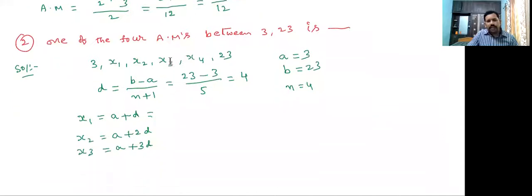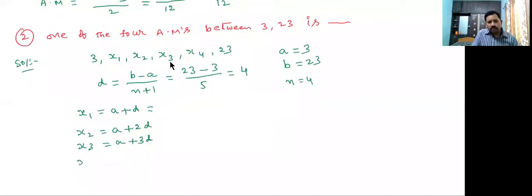And we need to find x4 also, that is a plus 4d. Now substitute those values here. A is 3, d is 4, so 7. Now 2 fours are 8, 8 plus 3 is 11.